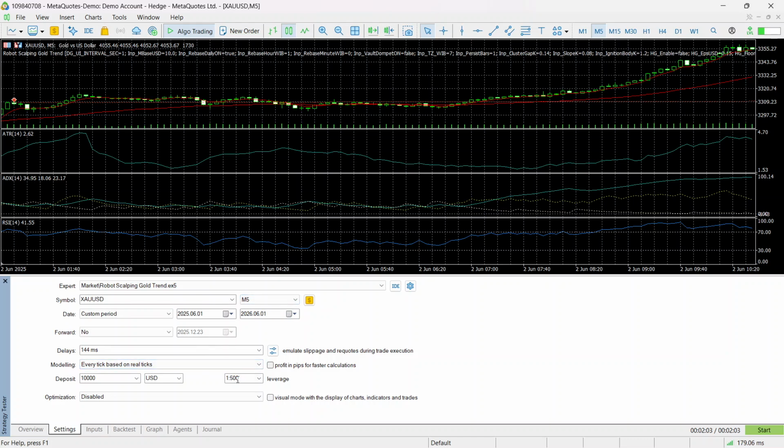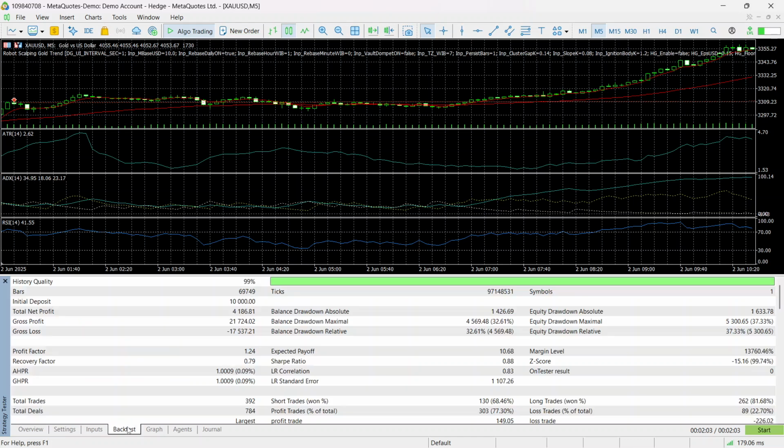I use a 1:500 leverage and a $10,000 deposit. Over this period, my net profit was approximately $4,187. So about a 46% growth.